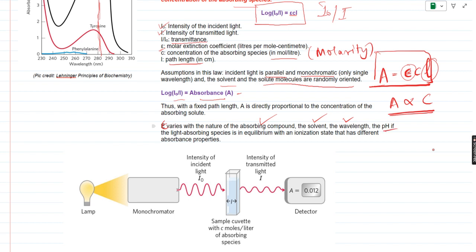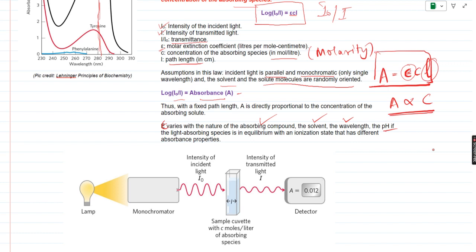If the absorbing species is in equilibrium with an ionization state that has different absorbance properties, so if the absorbing species has different ionization states, and in a given solvent or condition only a given ionization state is going to predominate, then even the pH will matter to determine the molar extinction coefficient.